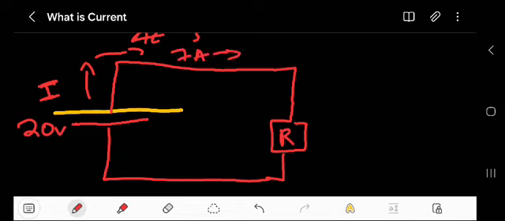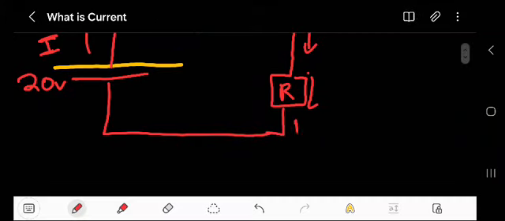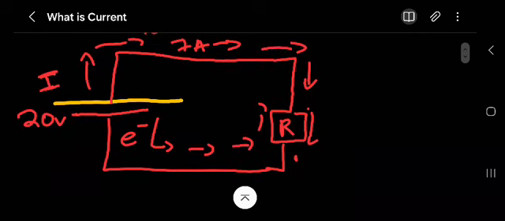It flows from the positive, passes through resistor R, and moves on and returns back. The electrons will flow in the opposite direction. This will be the flow of electrons.